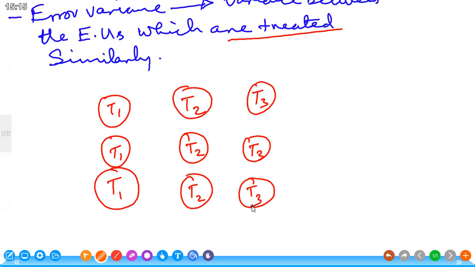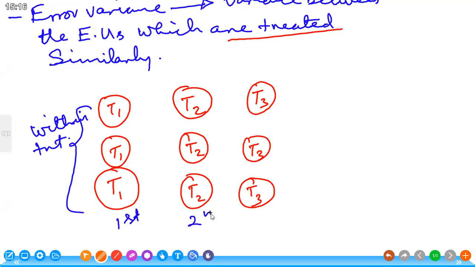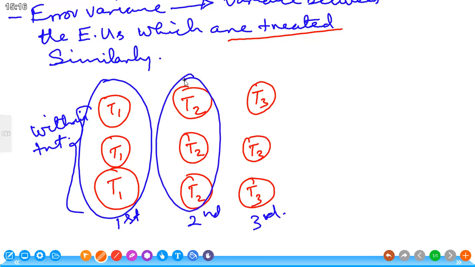Now I can calculate the variance within treatment. I can calculate the variance within the first treatment, within the second treatment, within the third treatment. So I can calculate the variance between these 3 units, between these 3 units, between these 3 units.